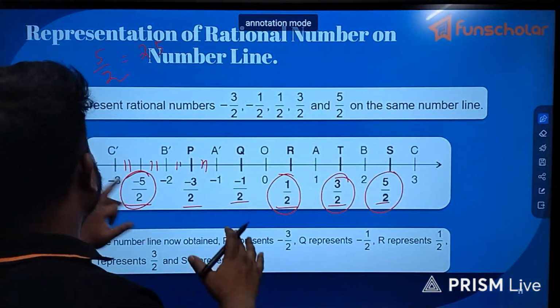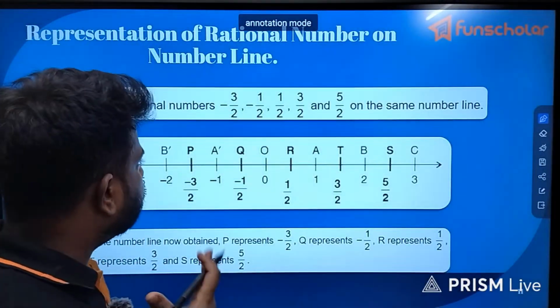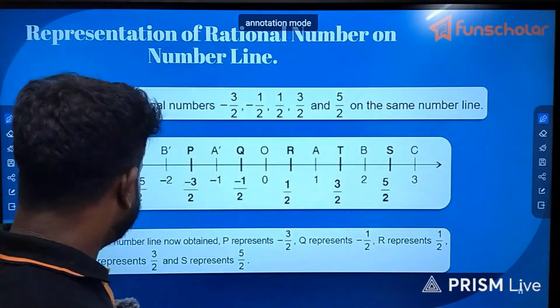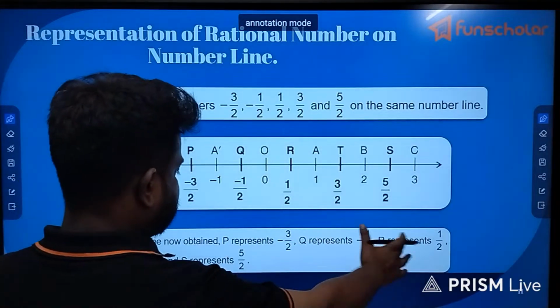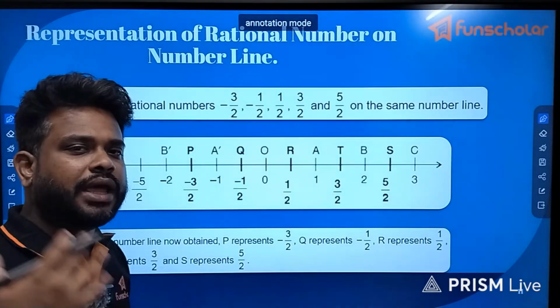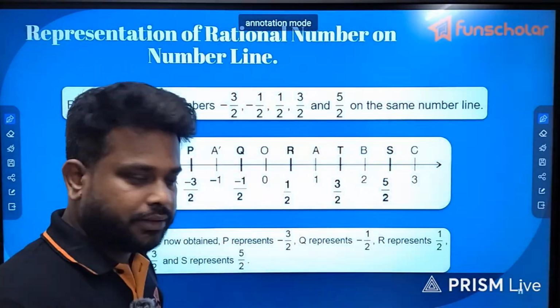So you can plot rational numbers just by using their decimal values as well. These are the representations on the number line. This is another process by which you can plot on the number line, just by getting the decimals.